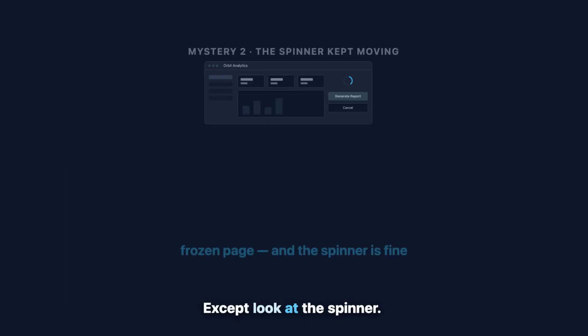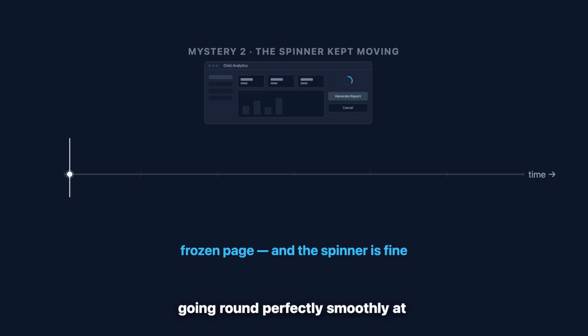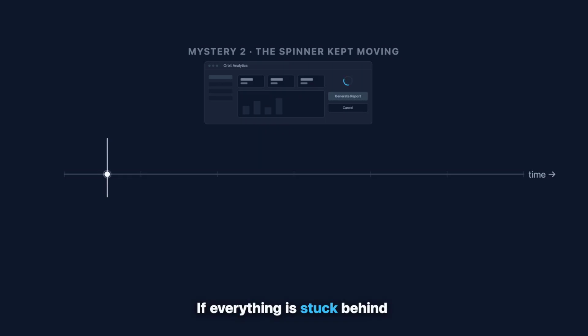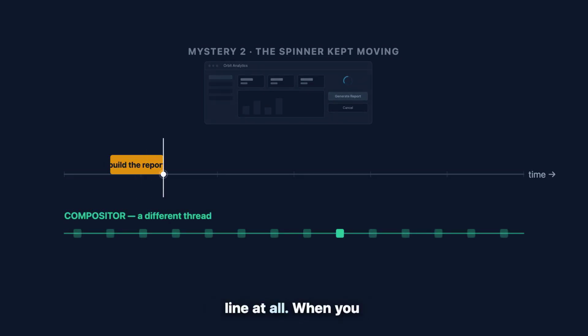Except, look at the spinner. The page is frozen. Nothing responds. And that spinner is going round perfectly smoothly, at full speed, the entire time. If everything is stuck behind one long piece of JavaScript, how is that still moving? Because it isn't on this line at all.